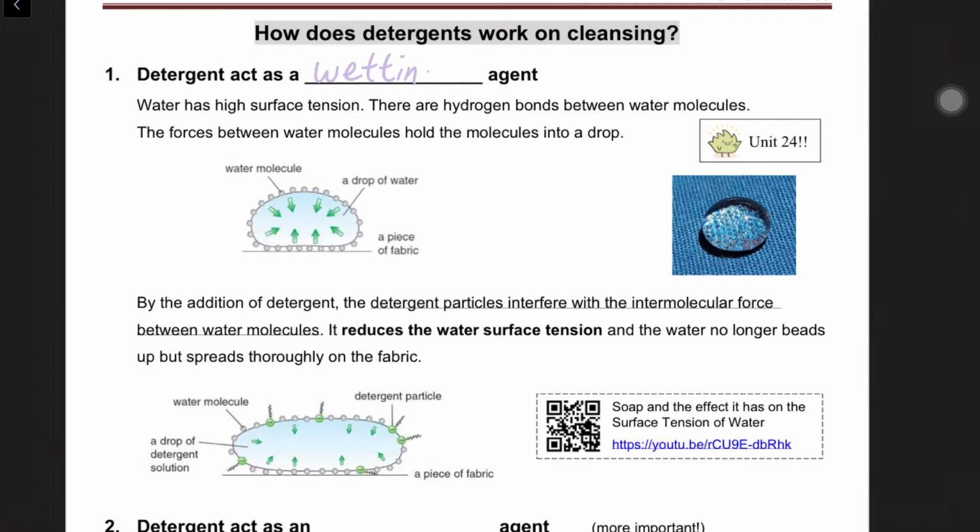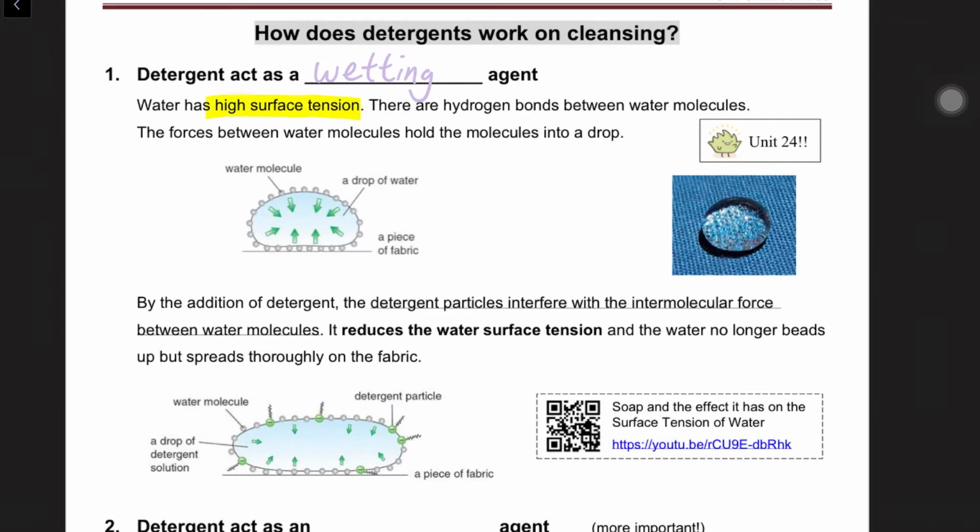This is because most dirt is trapped on the fibers, and if it cannot dissolve in water, the water molecules cannot bring the dirt away. However, there is high surface tension for the water molecules, so maybe you can record it in unit 24. We have mentioned there is strong hydrogen bond between molecules.